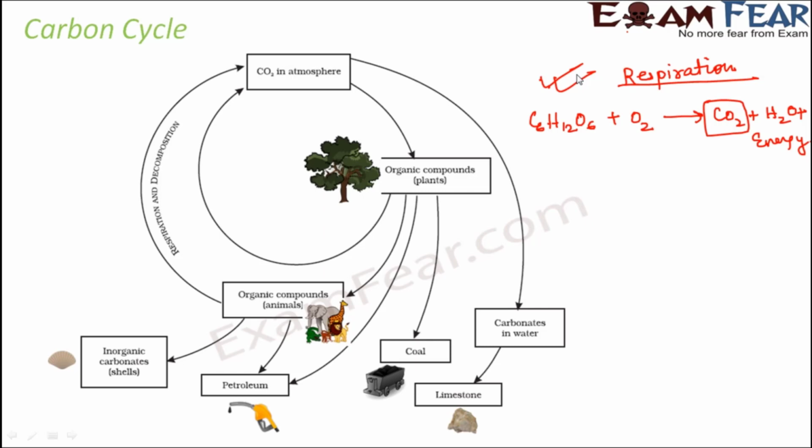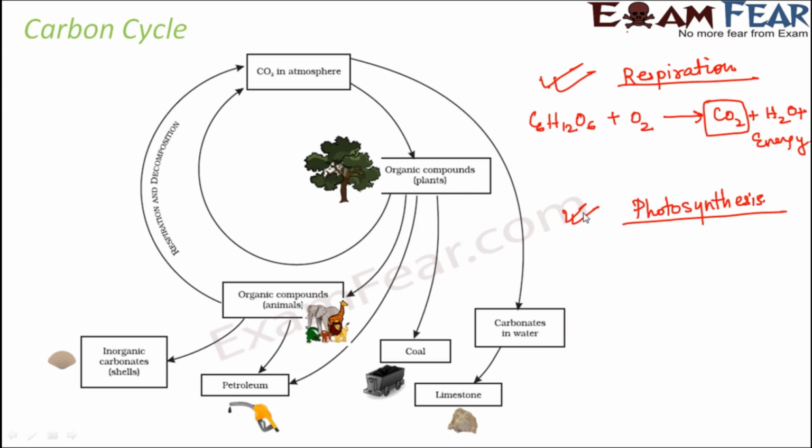Now, what are the processes by which carbon dioxide is taken from the atmosphere? One such process is photosynthesis by plants. And that is a very crucial process because plants are the only living organisms which can prepare their own food by photosynthesis. Every other organism directly or indirectly depends on plants.